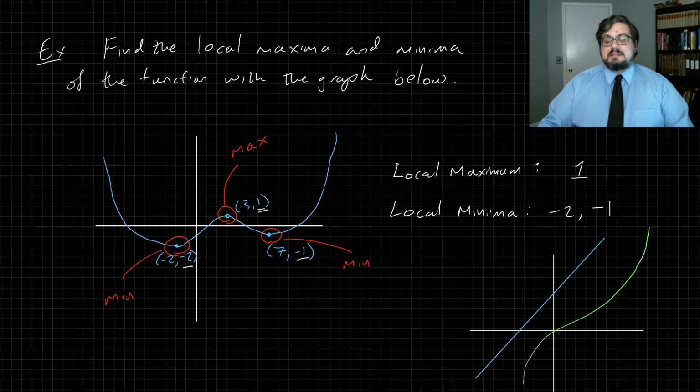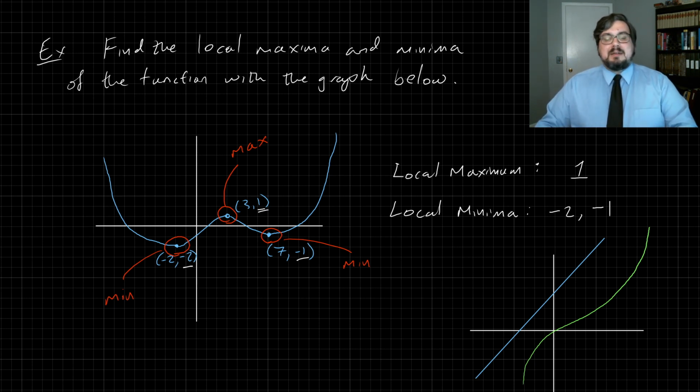If we look at this green function here, which is some variation on the x-cubed function perhaps, it also has no maxima or minima because even though it has some curves to it, it's not just a straight line, there are still no valleys and still no peaks. There's no place where this function changes from increasing to decreasing or vice versa.